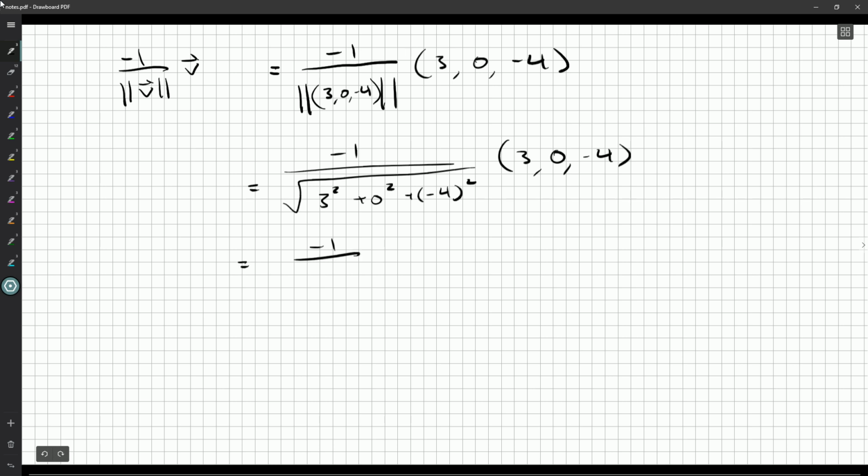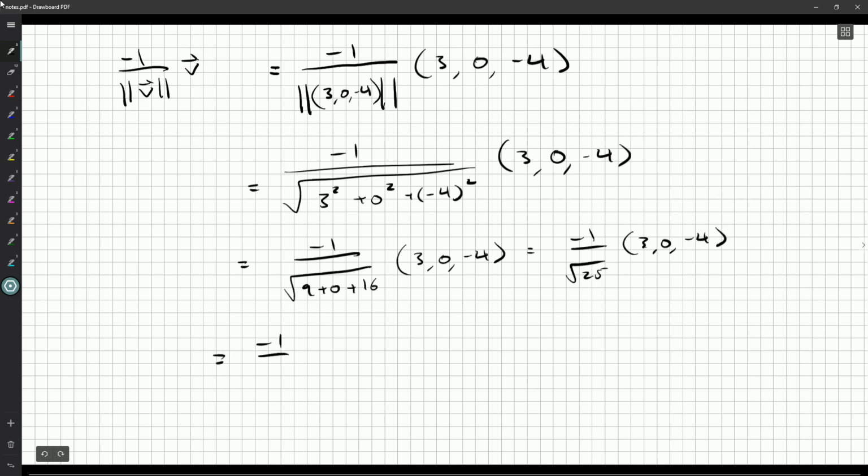So negative 1 over square root of 9 plus 0, negative 4 squared is 16. Negative 1 over the square root of 25, which we know is just 5.